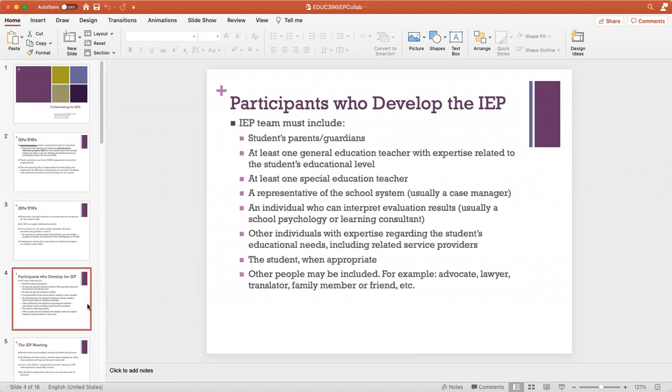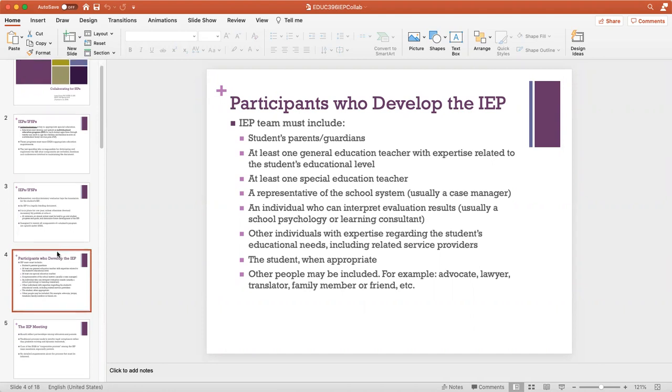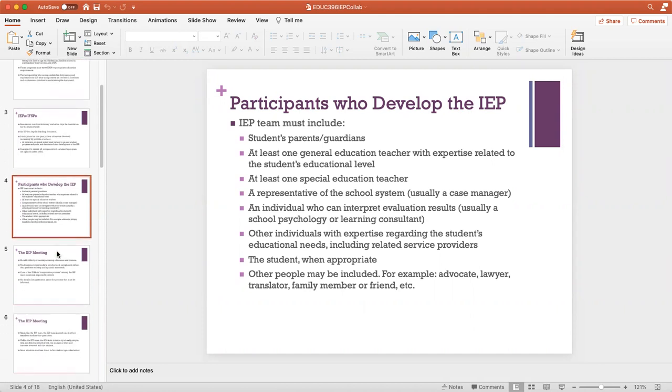What we care about a little bit more today are who the participants are, who the players in the IEP process are, what role they play, and what their responsibility is, both within the IEP meeting as well as once the IEP meeting is over and before it even begins.